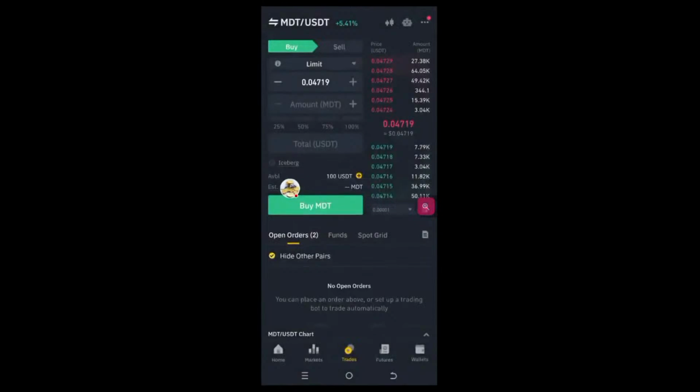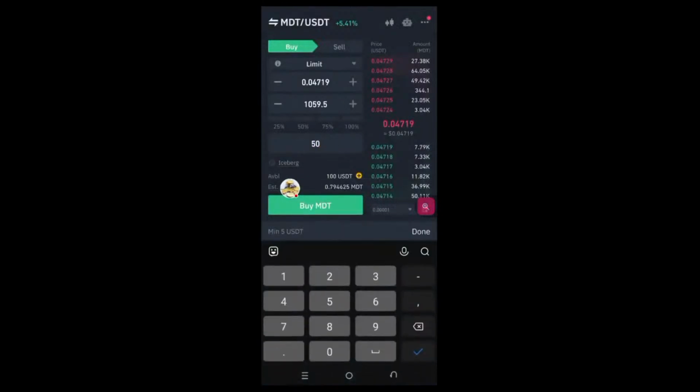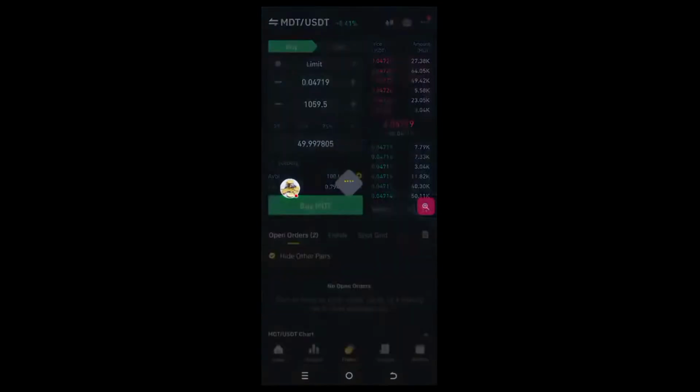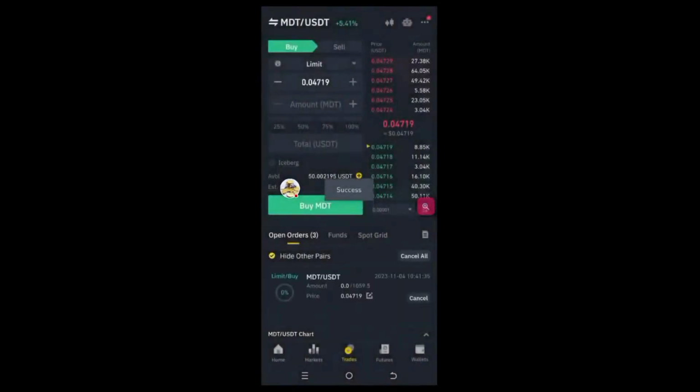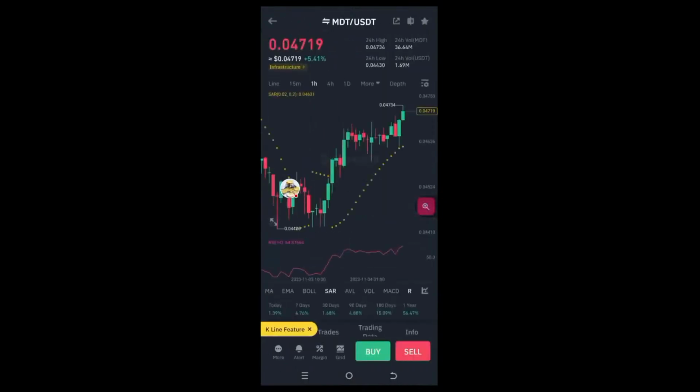Let's put $50 here. Okay, let's buy that out. Still in the queue? Then that means that I have to pick a higher price. But will that work for us? It's at 4719. Let me go check it again one more time.